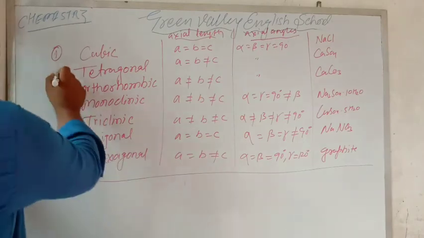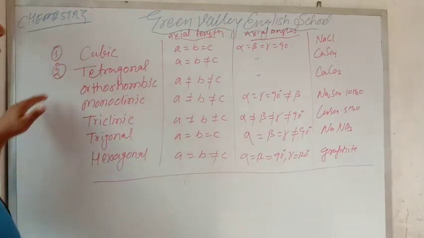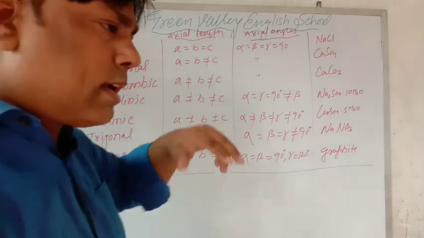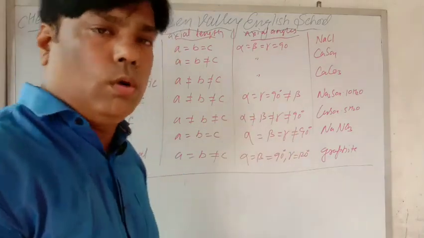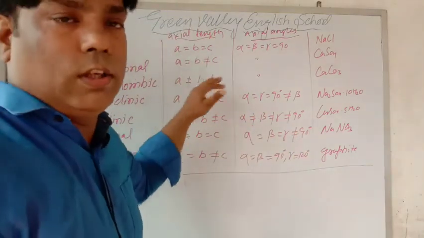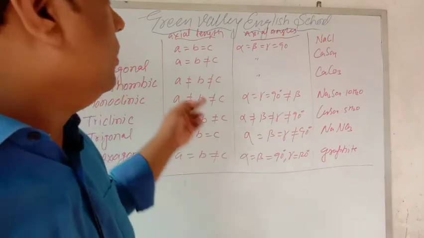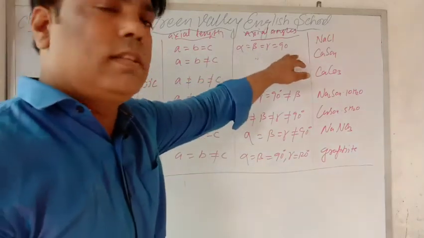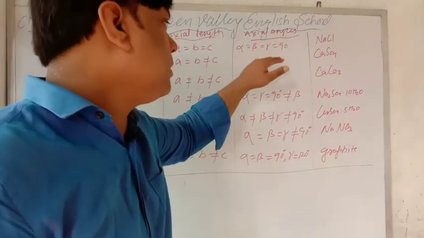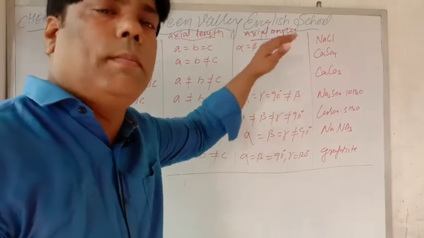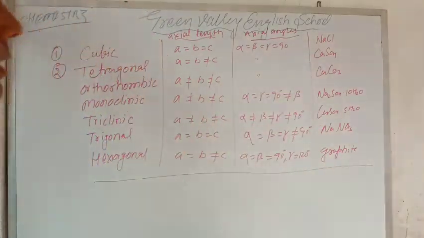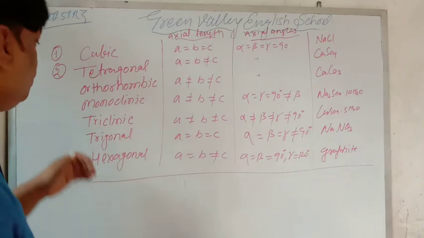The second one is tetragonal. In tetragonal, A is equal to B, but B is not equal to C. So all 3 sides are not equal, but the angles are 90 degrees: alpha equals beta equals gamma equals 90. An example is calcium sulfate.